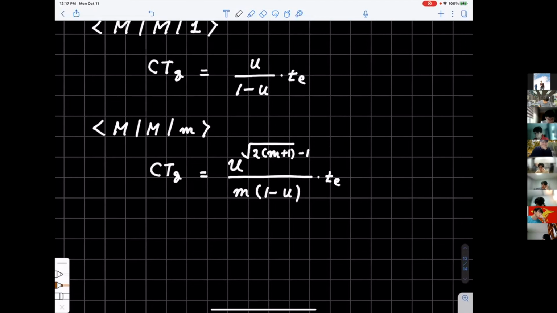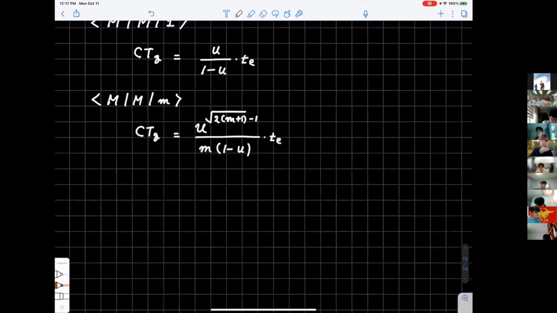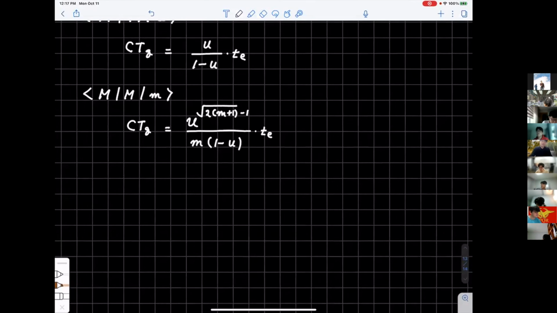If we insert the number 1 here, then it becomes this formula. Anyway, this work was conducted by Whitt in 1993. It's not so long ago.